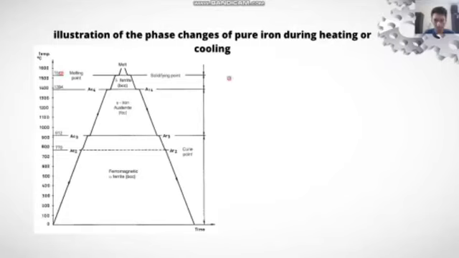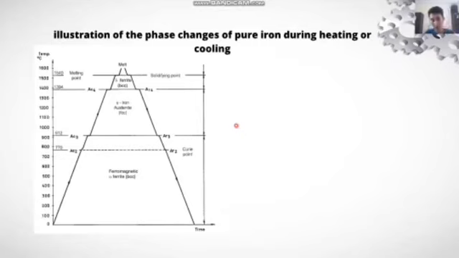It begins to freeze with no further drop in temperature until it transforms itself completely into a solid form of iron referred to as delta iron or delta ferrite. Ferrite has a BCC crystal structure. Delta ferrite is the high temperature BCC phase of iron.